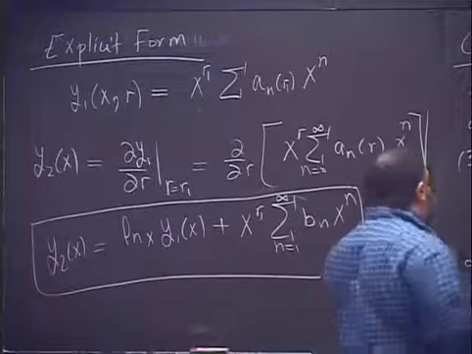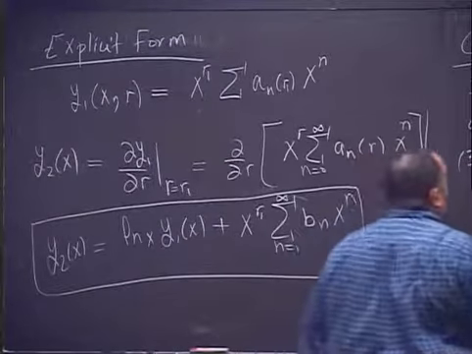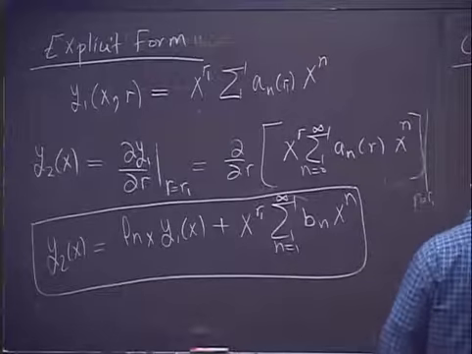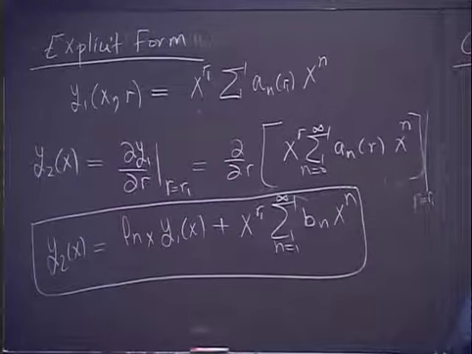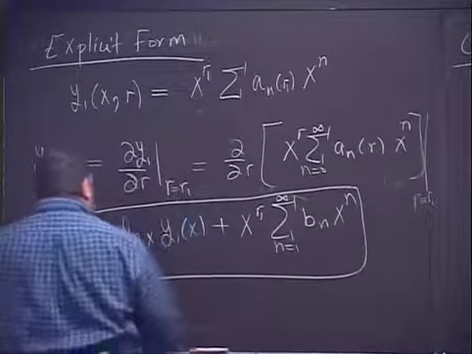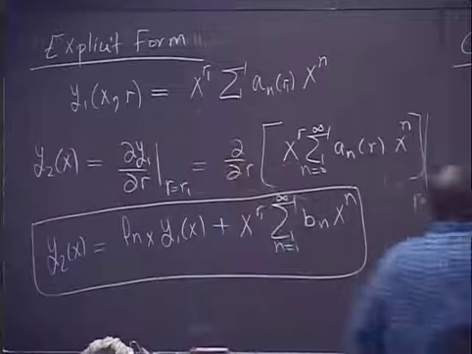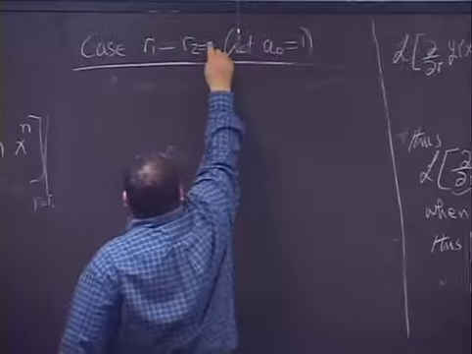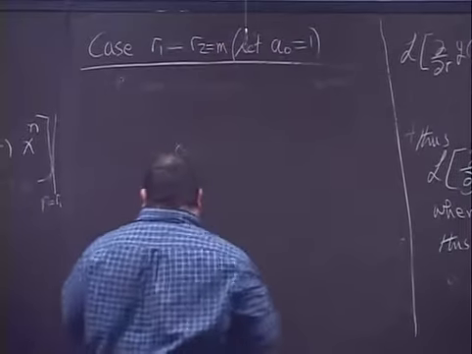What about if we have r1 minus r2 will be equal to, case number 2, equal to an integer. So we have to look for this case as well. So the case for r1 minus r2 is equal to some integer.